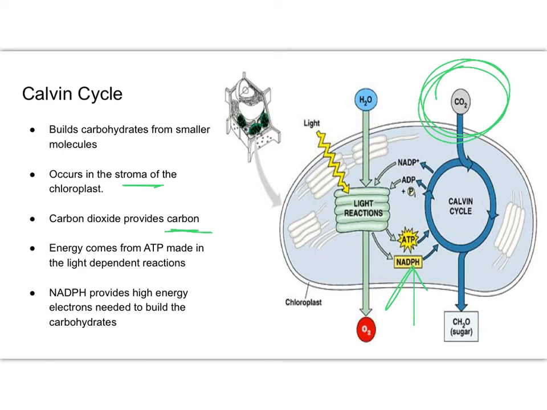The energy that's used to rearrange the carbon molecules, because I have carbon, I just need to rearrange it into a sugar molecule, is going to come in the form of that ATP from the light reactions, as well as the NADPH from the light reactions.